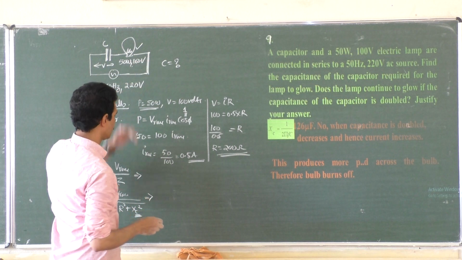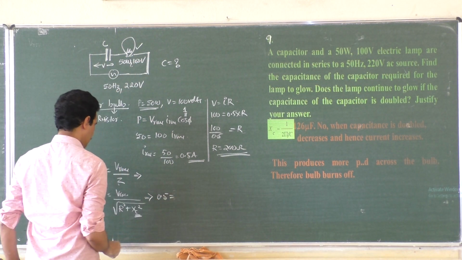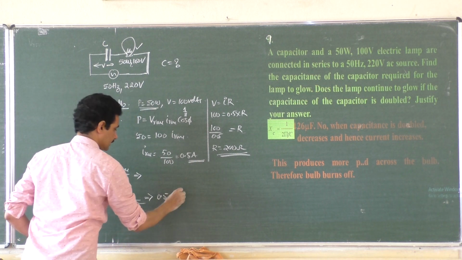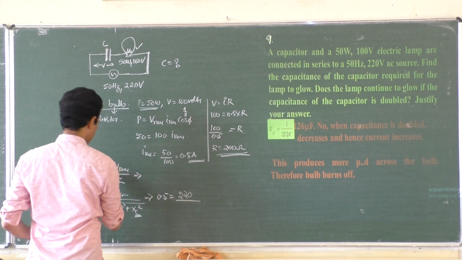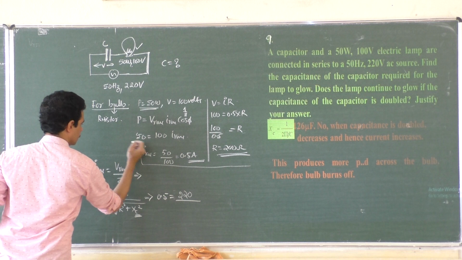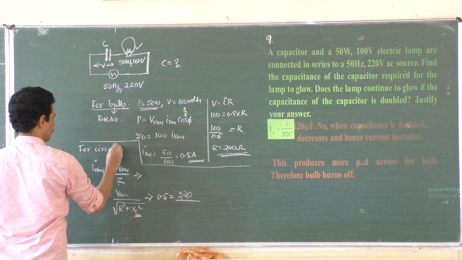So I have selected 0.5 itself as the circuit current. Vrms is the total voltage that is applied, divided by Z. This is for the bulb, and this is for the whole circuit now.